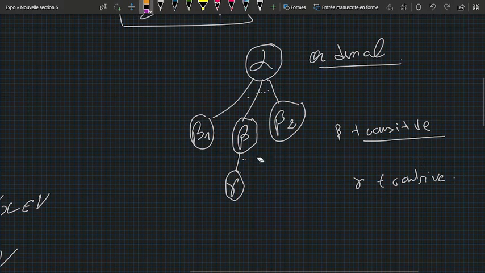So we know that alpha is ordinal. What does that mean? It means that it is transitive.